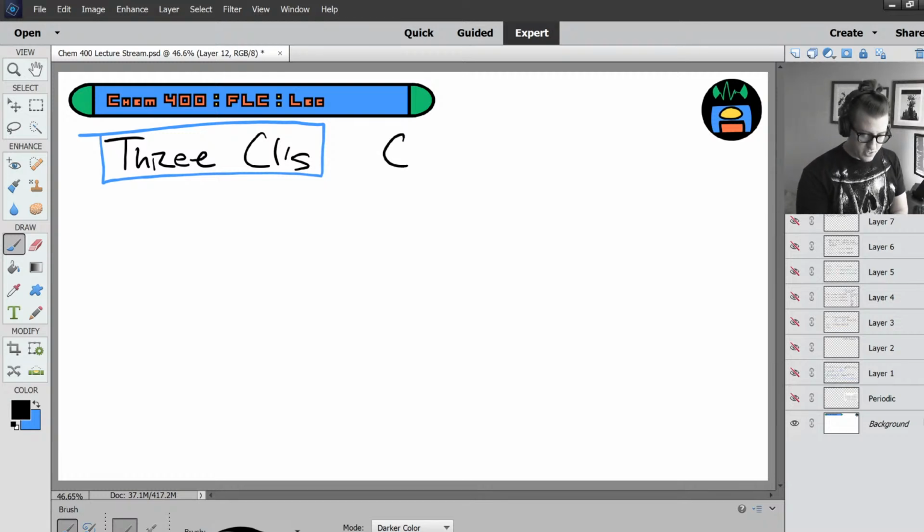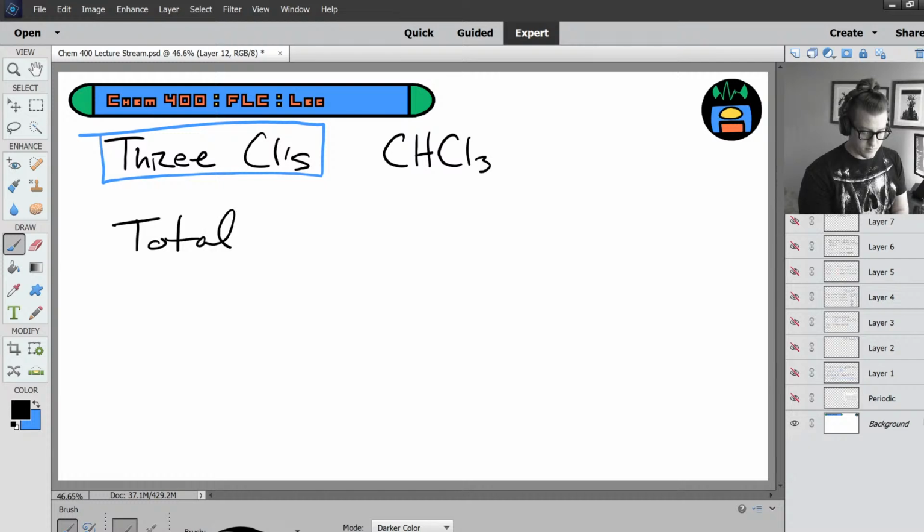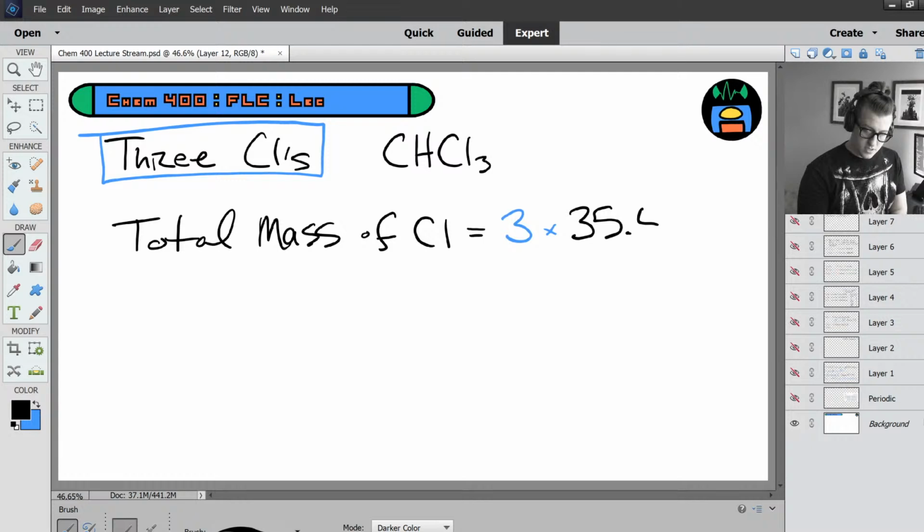When you have a molecule, our total mass of chlorine here is 3 times 35.45 AMU.